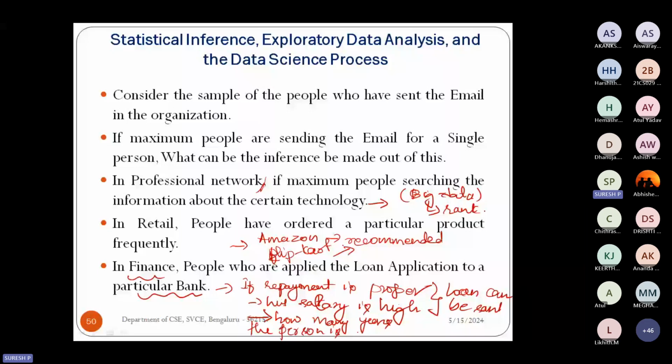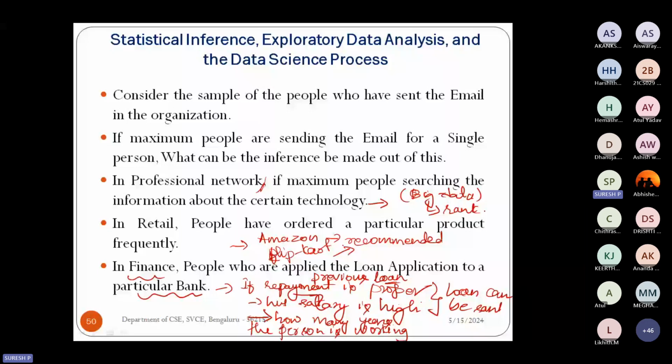Depending upon these attributes, that is, repayment of previous loans, if the previous loan repayment is proper, then that is one parameter. If the person's salary is high, and that person is working for a longer time in a single organization, then obviously he is consistent, and the chance of loan sanction will be high for that particular person. This is how your analysis will go.